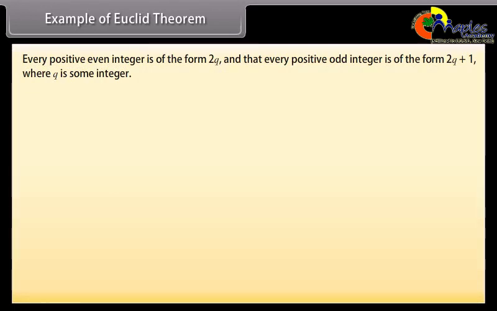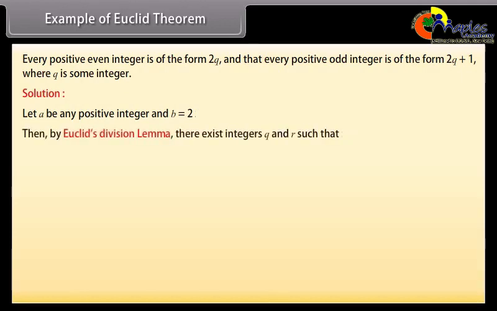Example of Euclid theorem. Let us now prove that every positive even integer is of the form 2q and that every positive odd integer is of the form 2q + 1, where q is some integer. Solution. Let a be any positive integer and b = 2.